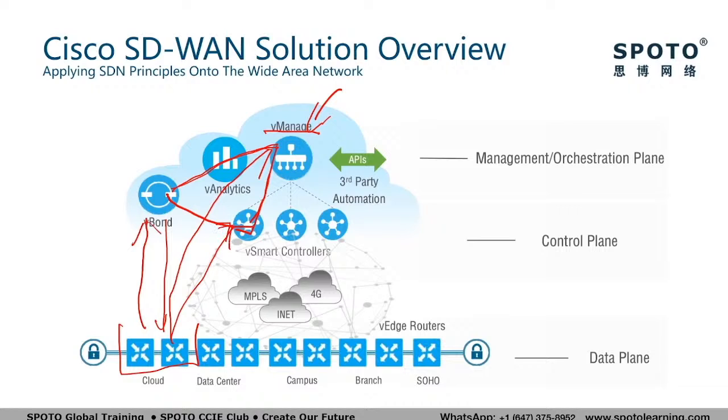After that, the vEdge router talks to the vManage and the vSmart controller. This is the control plane, right? Then the vEdge routers form the data plane based on the instructions received from vManage and vSmart. This is at a high level how this solution works.